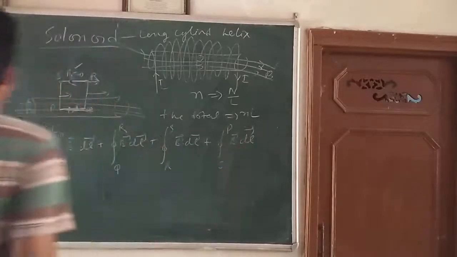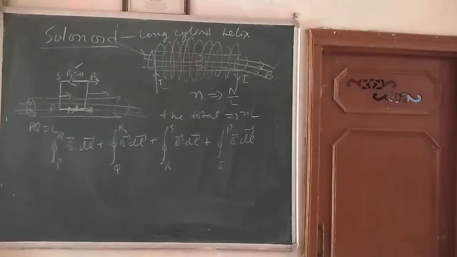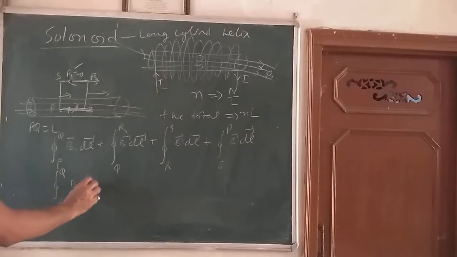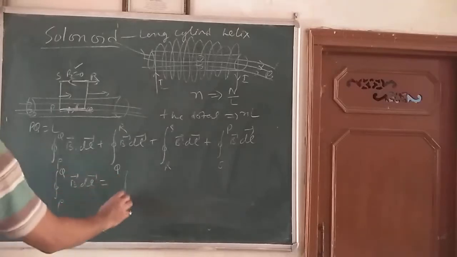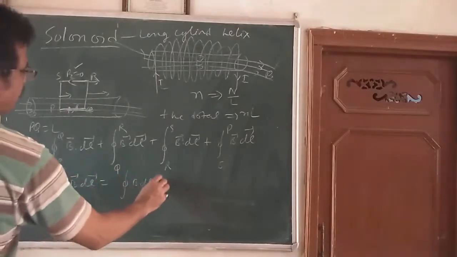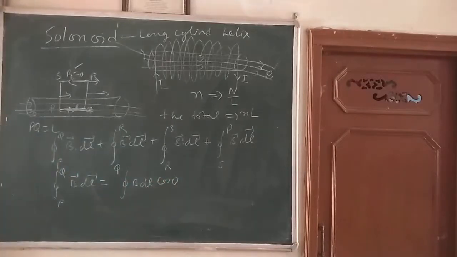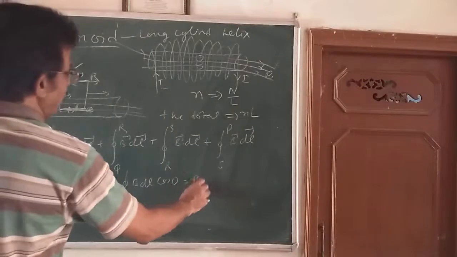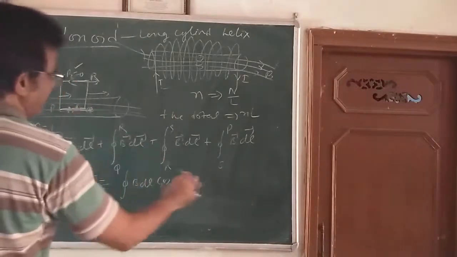According to Ampere's circuital law, along PQ the direction of B and dl are both the same. I can write B dl cos 0. B is constant, may be taken out. The integral of dl is the length of this element.